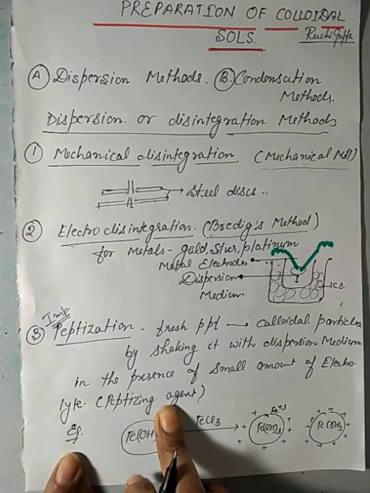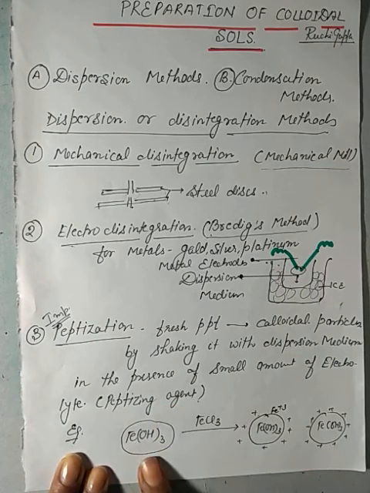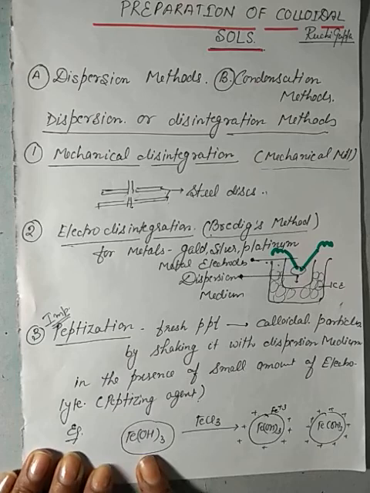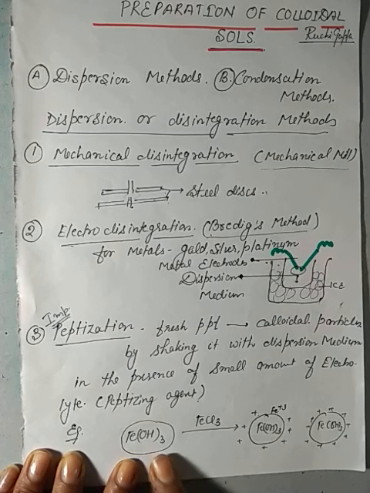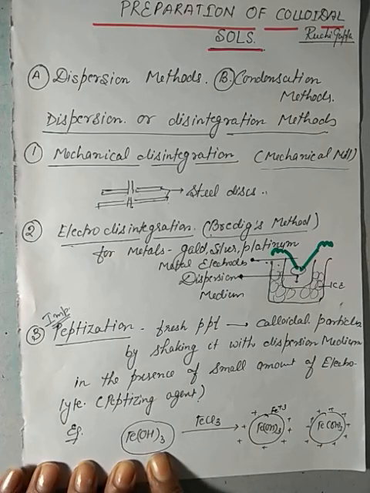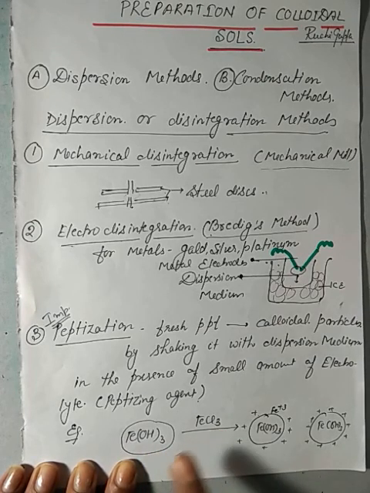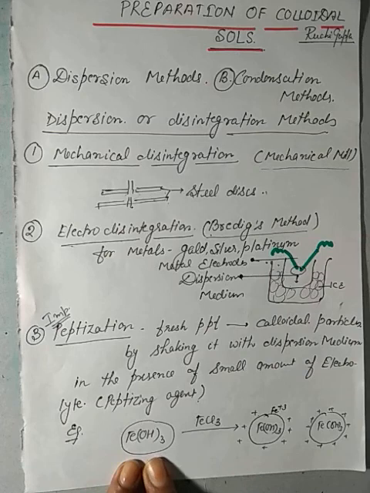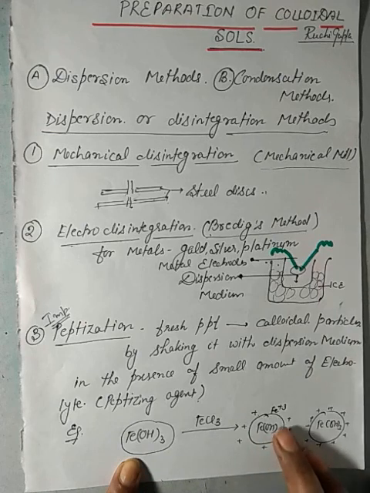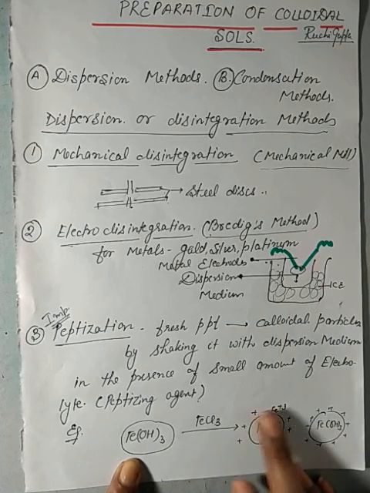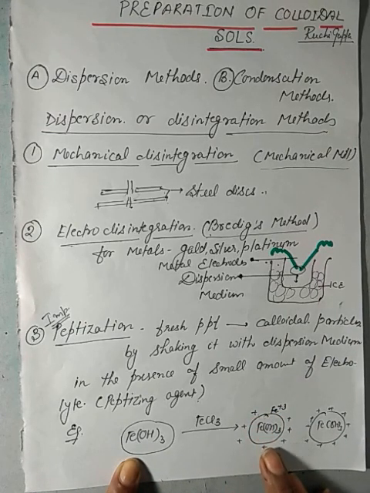And what is the cause of peptization? Here we are taking the example of ferric hydroxide, freshly prepared Fe(OH)3 precipitate. Then we add FeCl3 to that precipitate. The Fe(OH)3 adsorbs Fe+3 ions on its surface, that is, the positive ion, so it will convert to a positive sol.